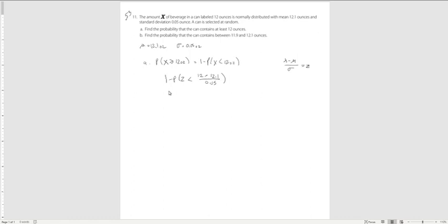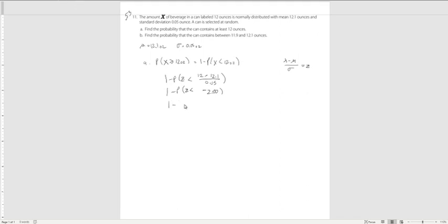Alright, so now we have to do some math here, right? Z is going to be, if I calculate that out, minus 2.0. So this will be 1 minus, again, I don't have to have the P there, so I have to erase it. The challenge of jumping back and forth with digital ones here.